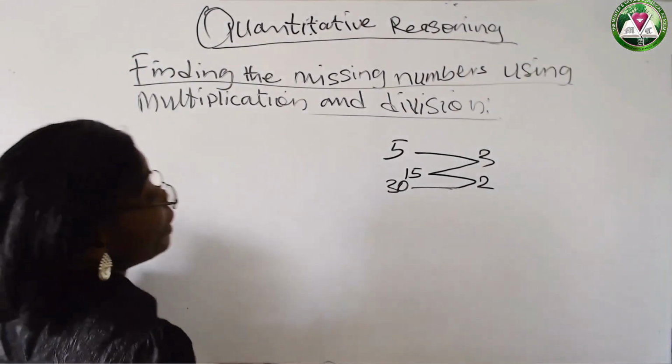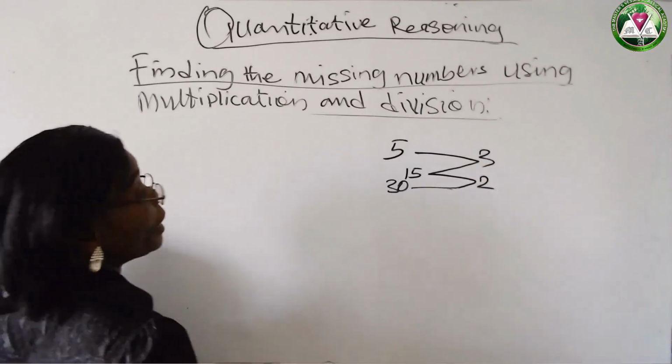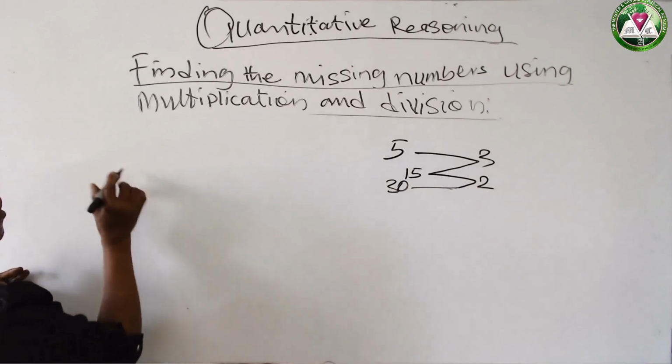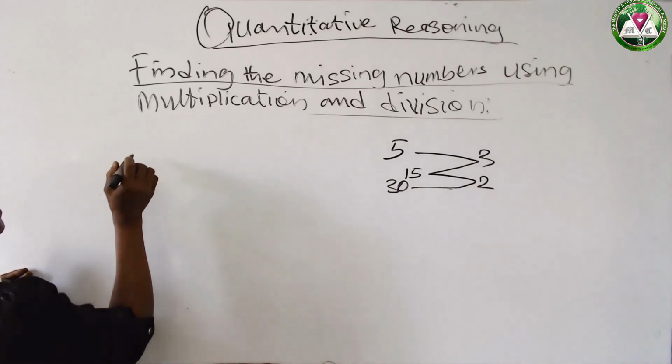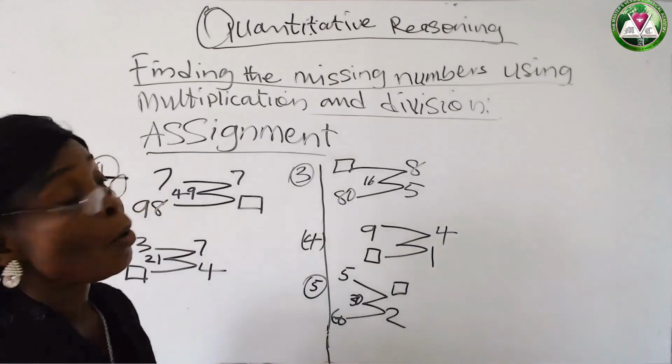Children, this is the time when you will take your assignment. Copy the assignment and make sure you solve them correctly to get the correct answers. So children, these are your assignments.